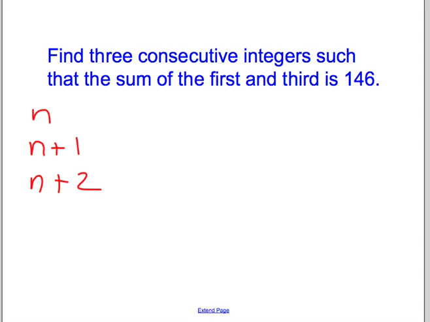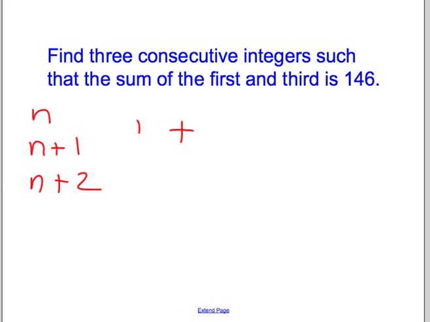Here's where we get into some of the math stuff where 3 times the sum of this number plus this equals that type of thing comes into play. Find 3 consecutive integers such that the sum, what is sum? Adding. So we're going to add the first number and the third. What's the first number?